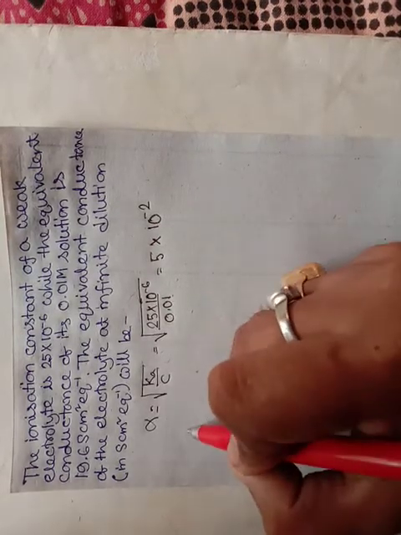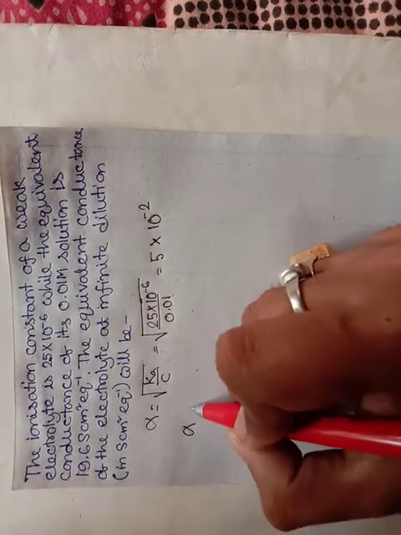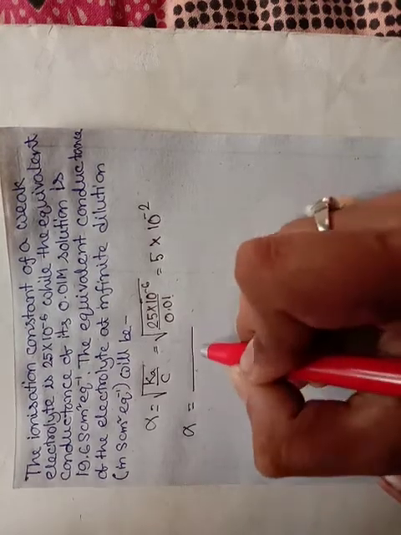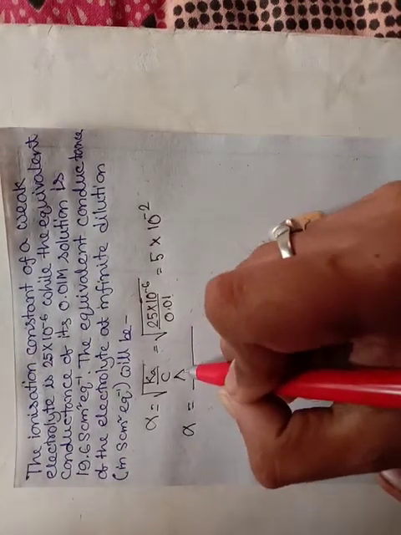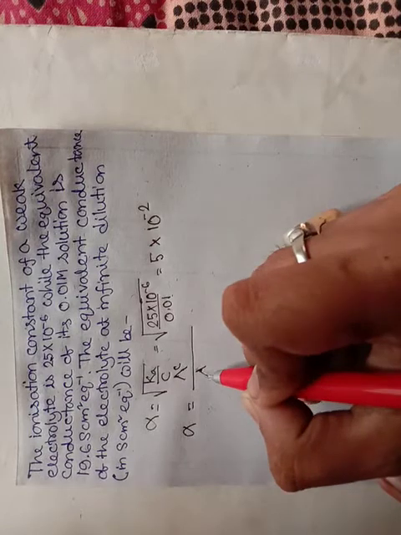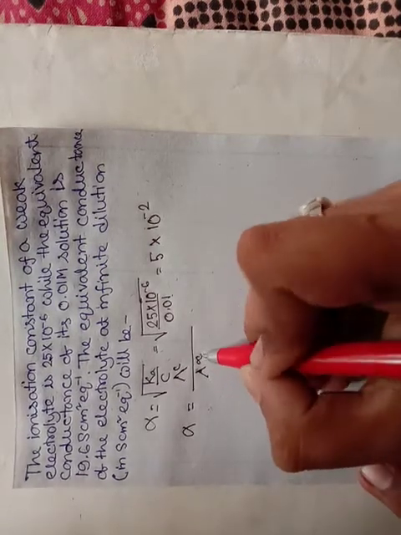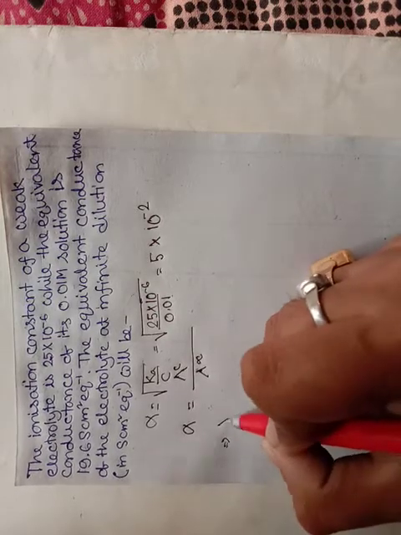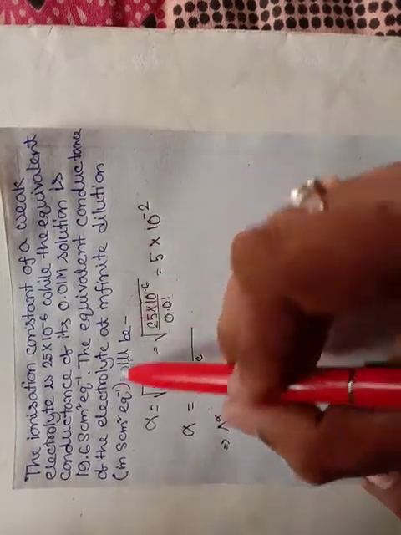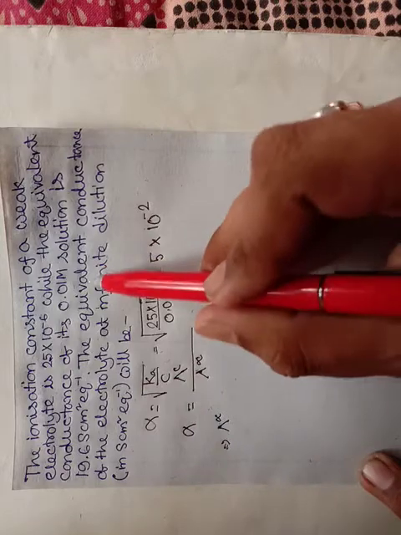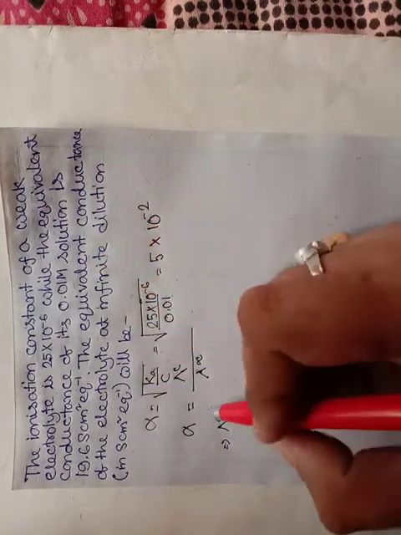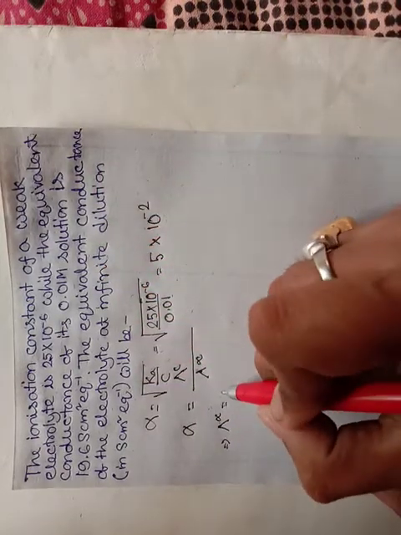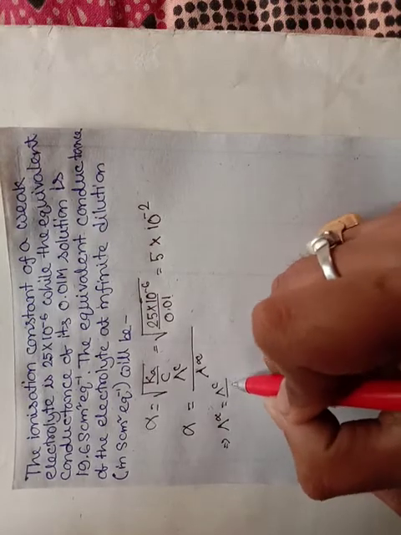Then we know alpha, the degree of ionization, is equal to lambda C by lambda infinity. Therefore lambda infinity, the equivalent conductance at infinite dilution, equals lambda C by alpha.